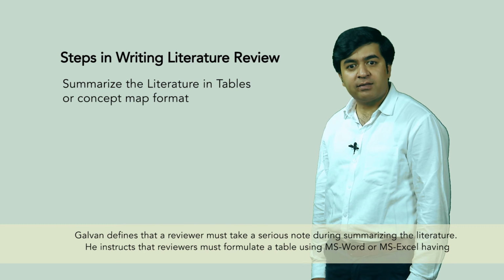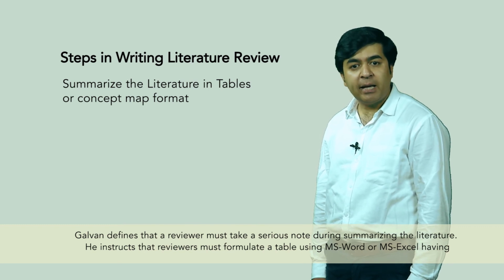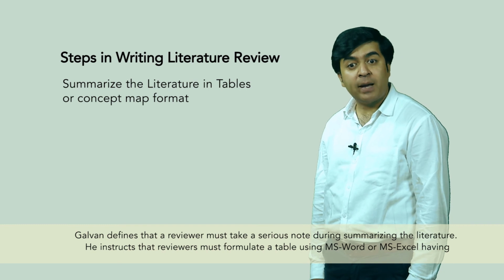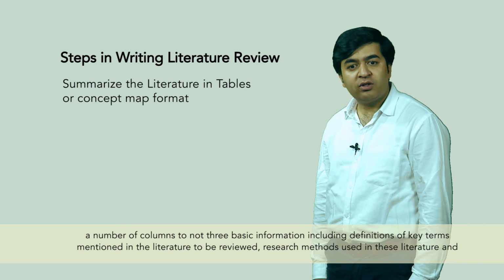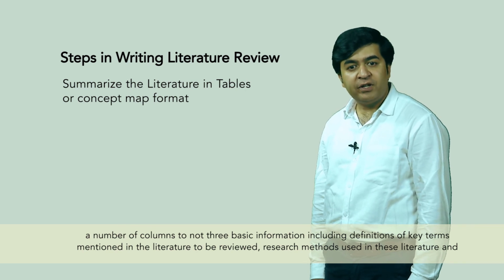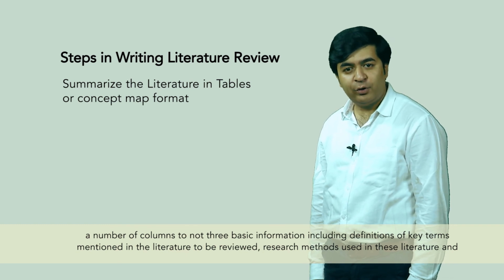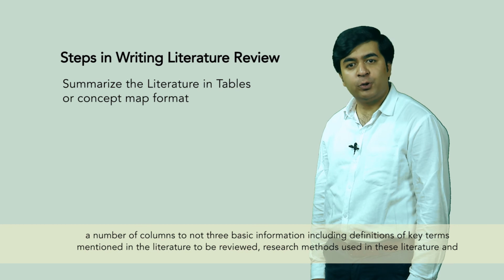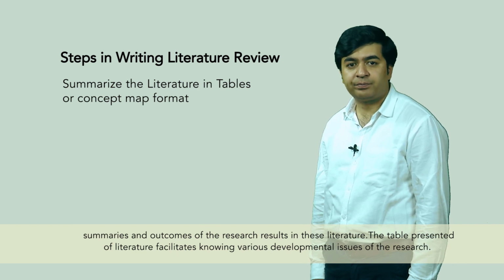He instructs that reviewers must formulate a table using MS Word or MS Excel, having a number of columns to note 3 basic pieces of information, including definitions of key terms mentioned in the literature to be reviewed, the research method used in these literatures, and summaries and outcomes of the research results in these literatures.